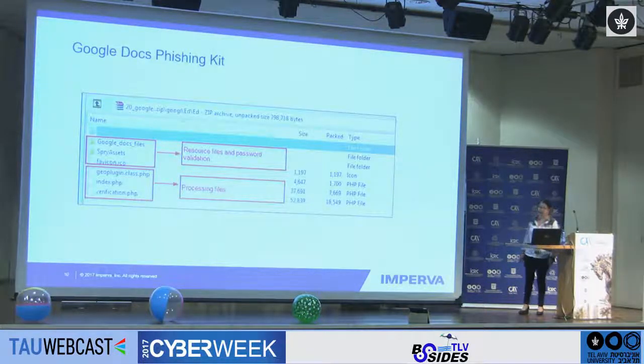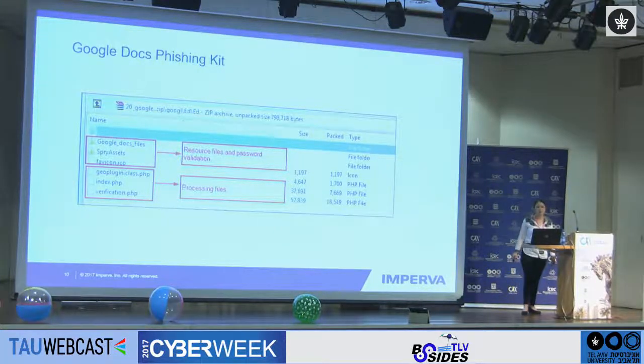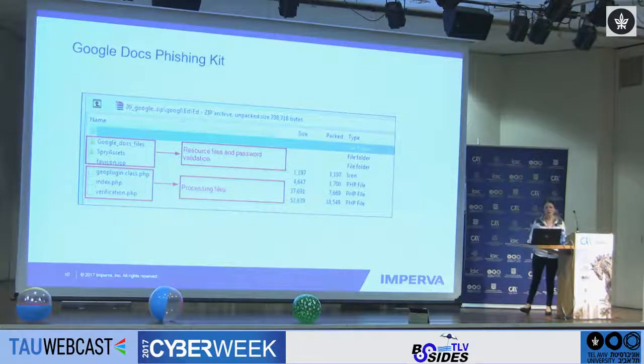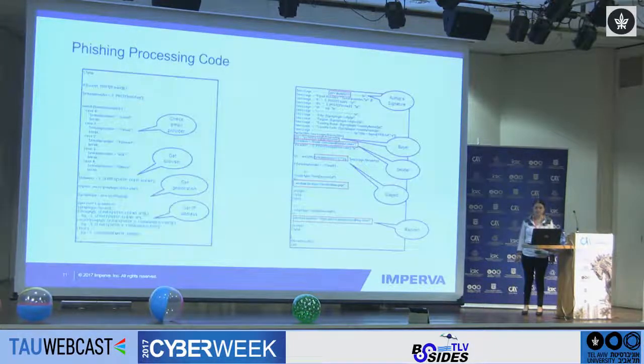The resource files contain figures, CSS, and a password validation script, whereas the processing files contain code which stores and sends the credentials to the attacker. The majority of phishing kits contain all resources needed to replicate the target website. This minimizes the number of requests the kit issues to the legitimate site, and thus minimizes the chances of being detected by a target site which analyzes the incoming requests.